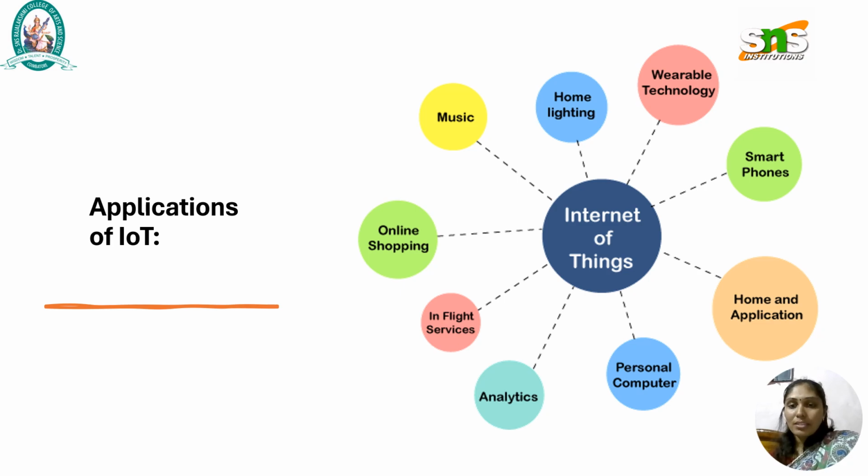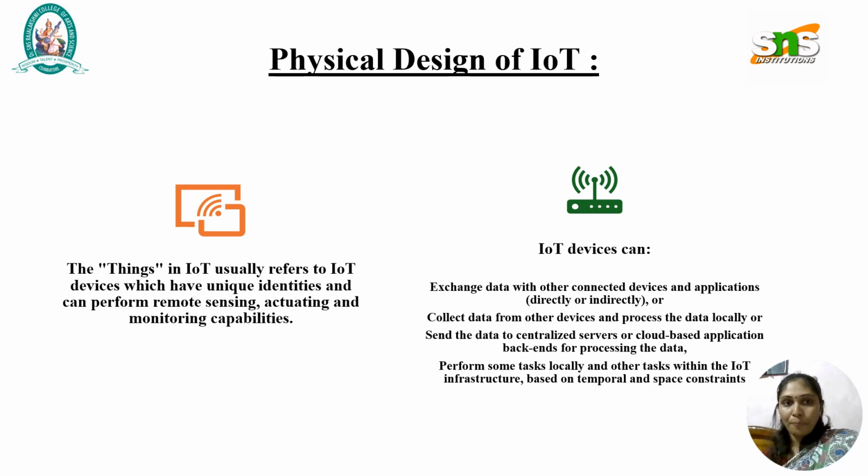What are the applications of IoT? There are home appliances, smartphones and personal computers, analytics, in-flight services, online shopping, music, home lighting. So several sensors are applicable for automation in the applications of IoT.